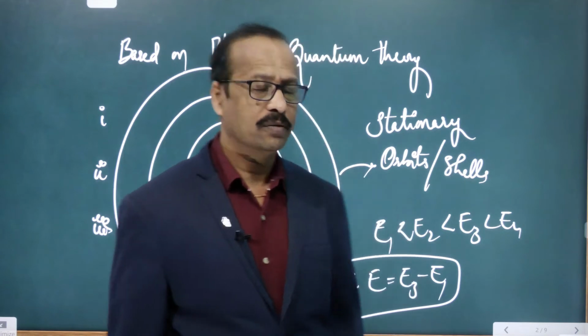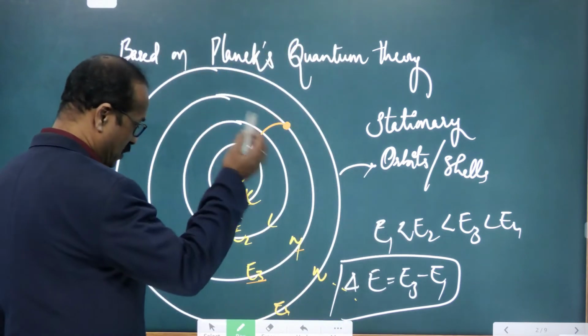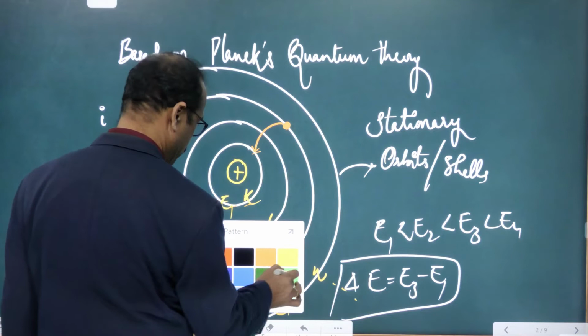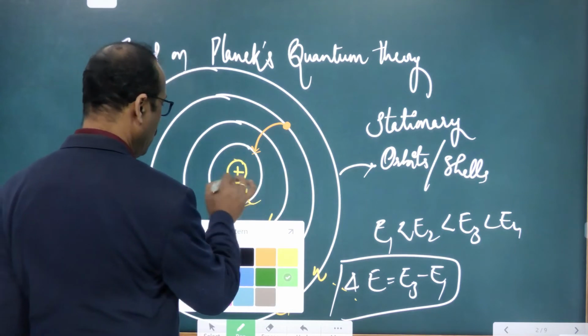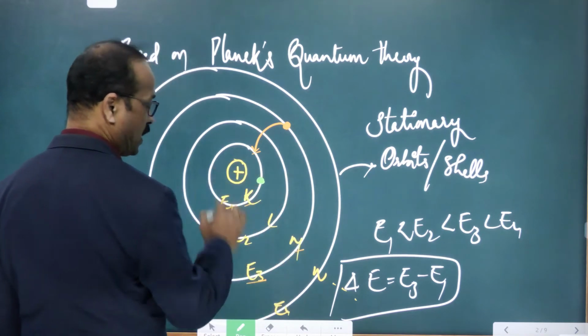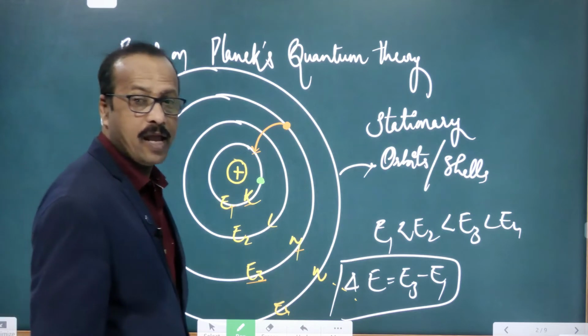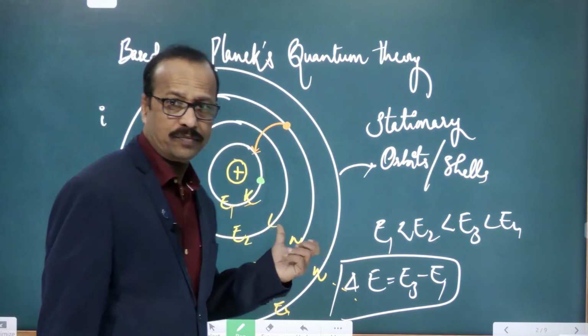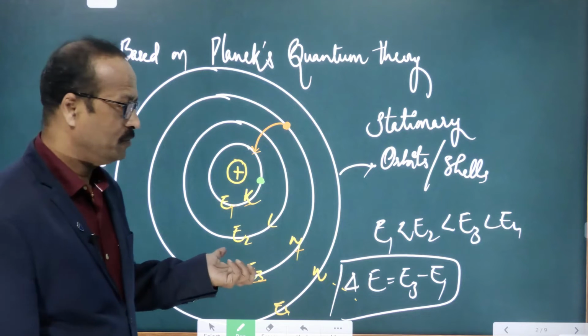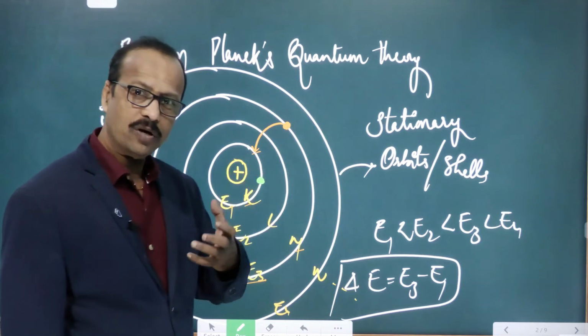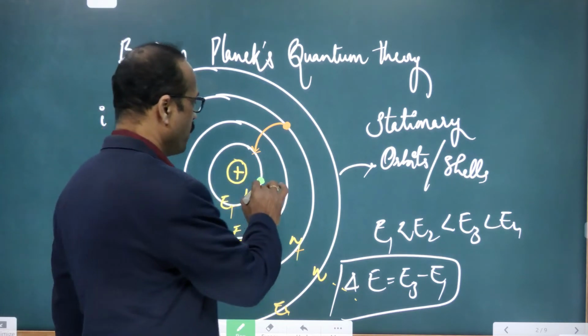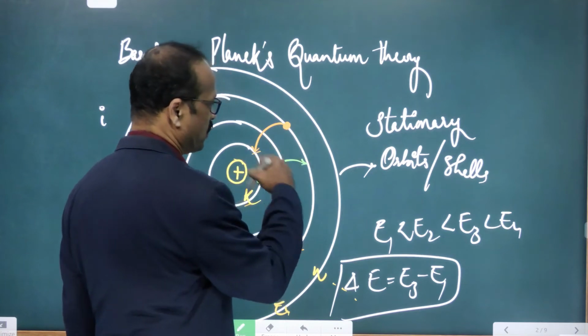If it is moving only in its own orbit, it neither loses nor gains energy. And similarly, for example, think the electron is present in the first shell. If we heat the atom, if you provide some energy to the atom, then this electron absorbs that energy and jumps into a higher energy orbit.